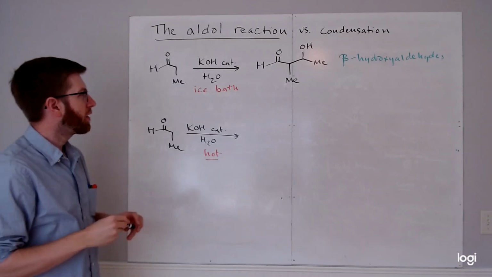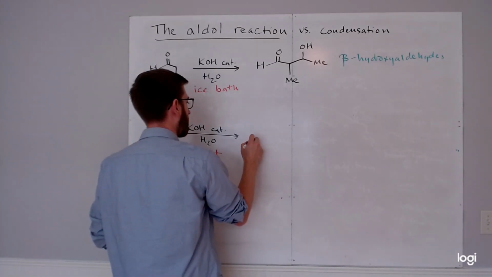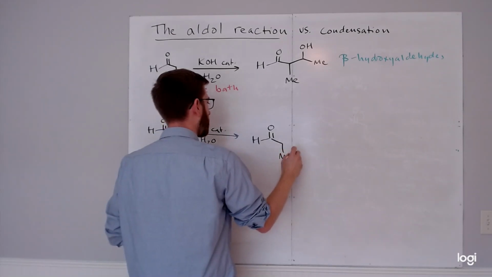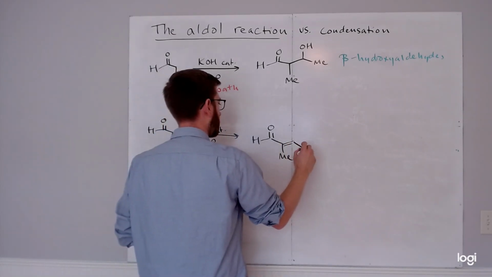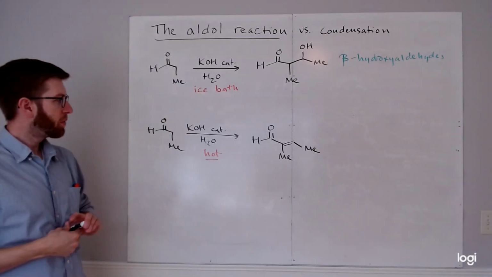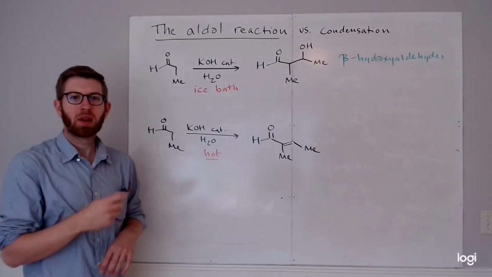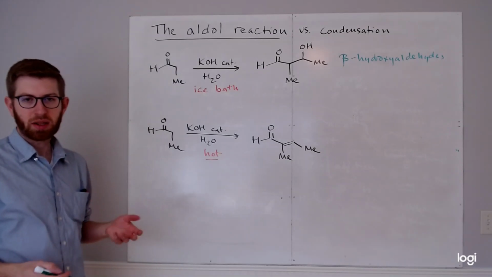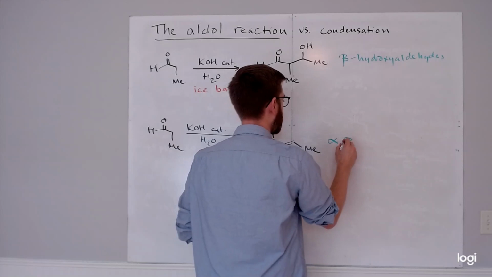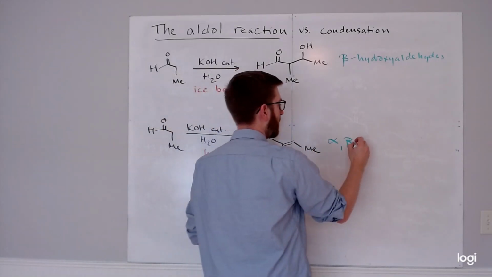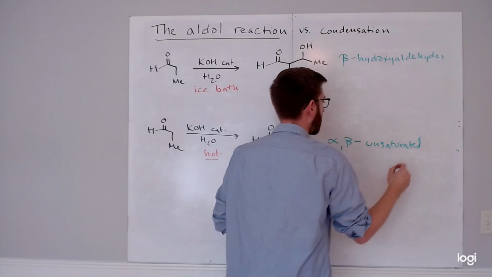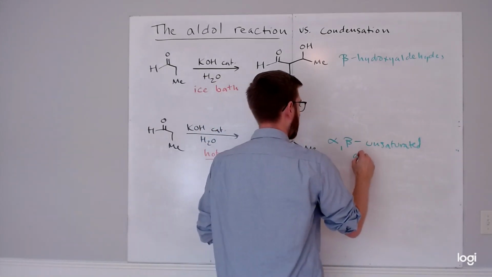Rather than a beta hydroxyaldehyde, we get a new alkene. So this we would call an alpha beta unsaturated aldehyde, like a pi bond aldehyde. Alpha beta, so that shows me the two atoms that we're crossing. Unsaturated, like unsaturated fats, those have alkenes in them. Aldehyde.